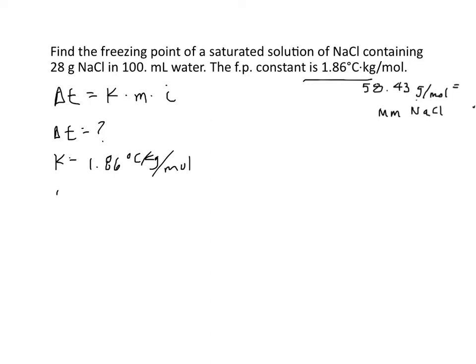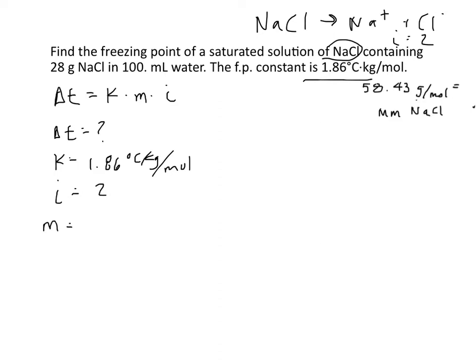And then our i value. Notice we have NaCl, an ionic compound. NaCl breaks into Na+ and Cl-. This is balanced, so my i value here is equal to 2. So far I have my K and my i. Now let's look at m.